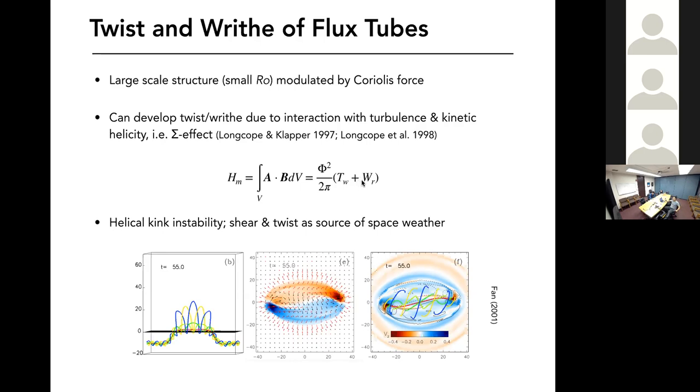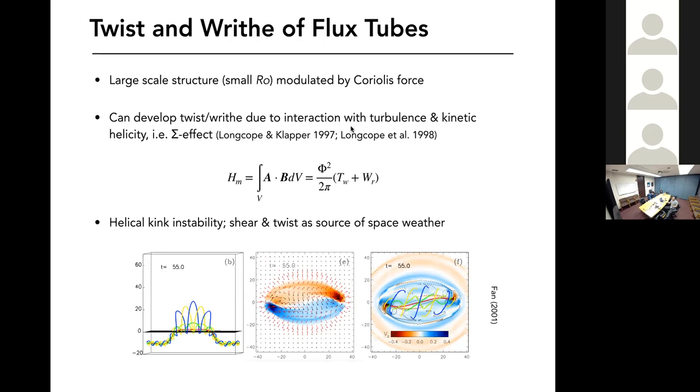So if initially we have an untwisted flux tube, as soon as we have some kind of mechanism, for example, in these papers it's specified as an interaction between the flux tube and turbulence and kinetic helicity, how the fluid moves with the helicity, so it interacts with convection and develops some kind of kink or writhe, it has a particular sign, either left-handed or right-handed.